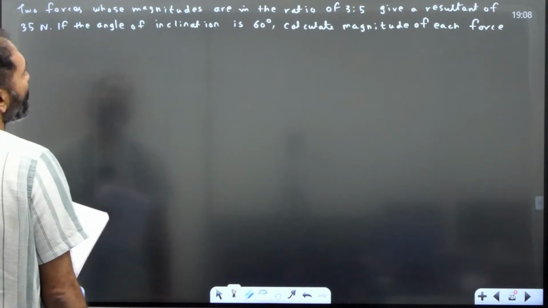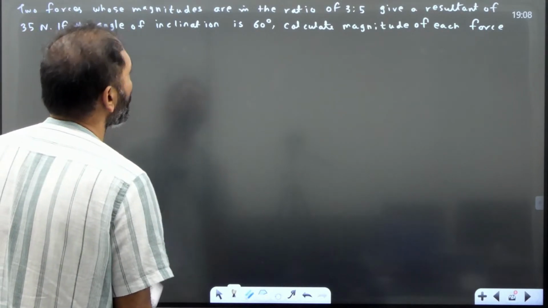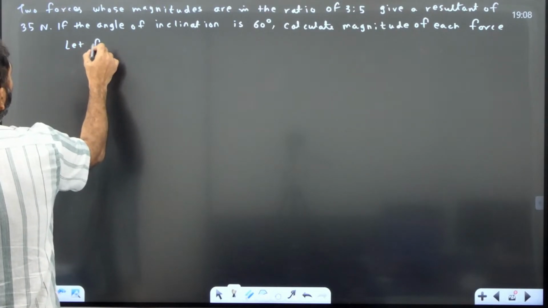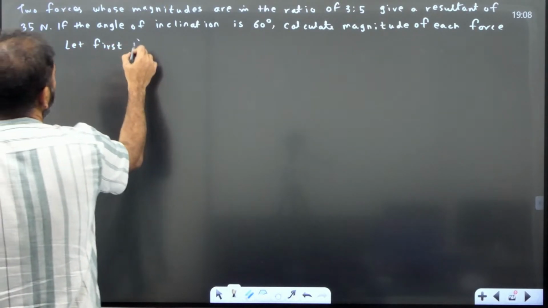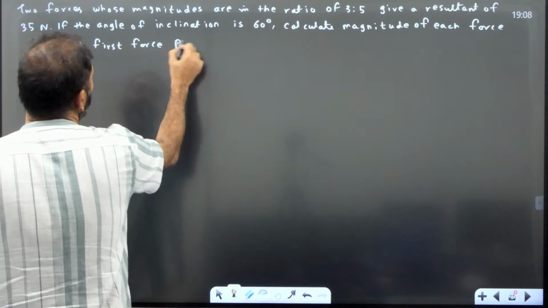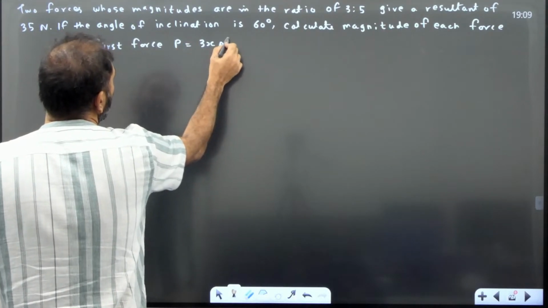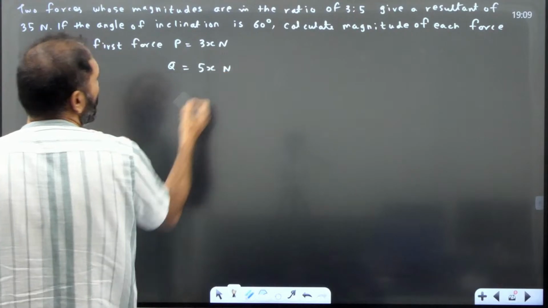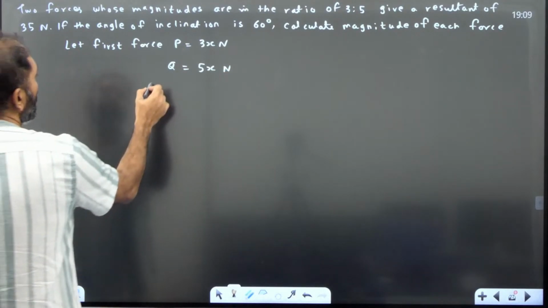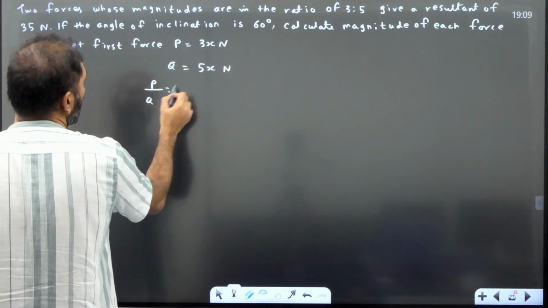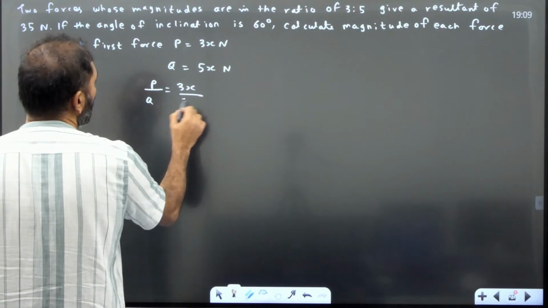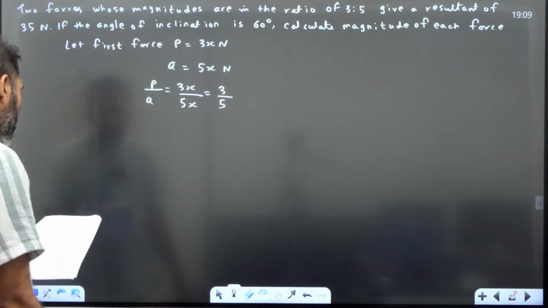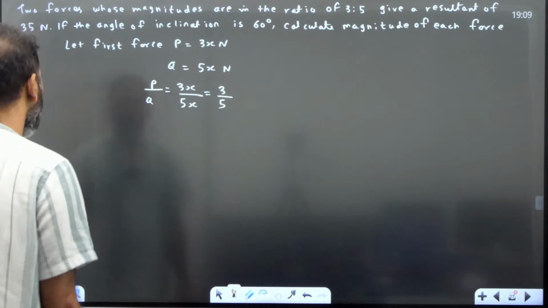So two forces are in the ratio 3:5. So let first force P is equal to 3x Newton. Then second force Q is equal to 5x Newton. What is the ratio P by Q? 3x by 5x is 3 by 5 or 3:5. Any doubt? Now what will be the resultant?